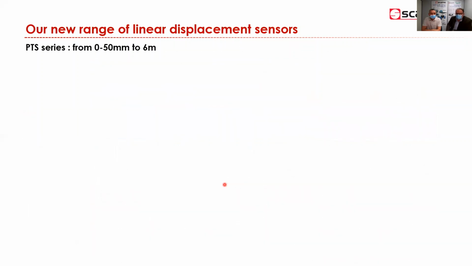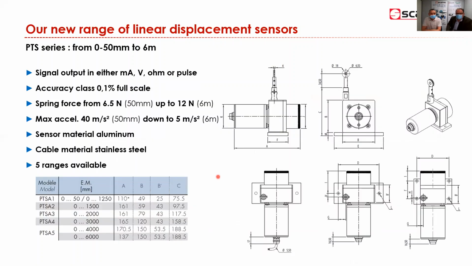So let's go a little bit more in depth to see how this works. About the PTS series, we see that in terms of dimensions, we are on reasonable dimensions. The main dimensions A, B, C are 110, 49, 25 millimeters. So it's reasonably compact.